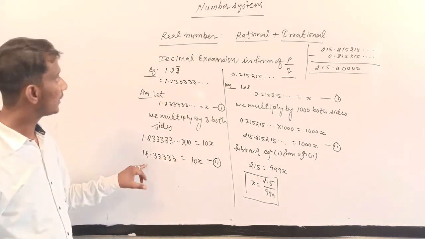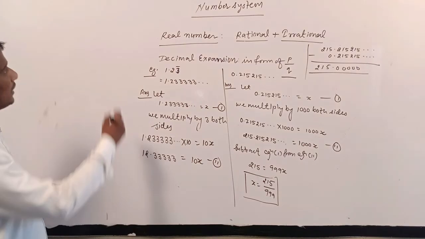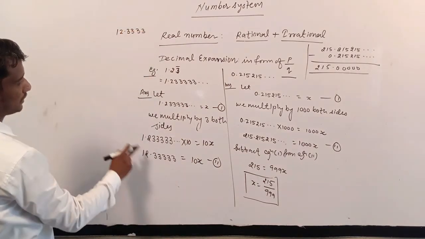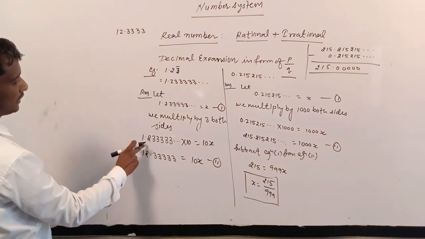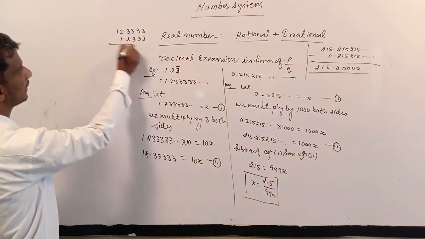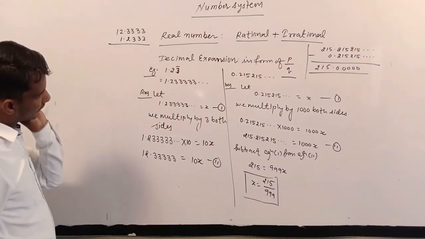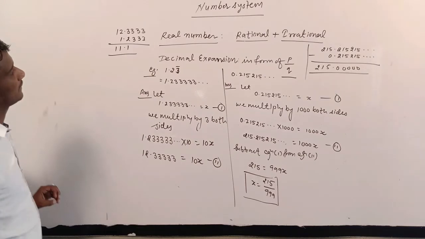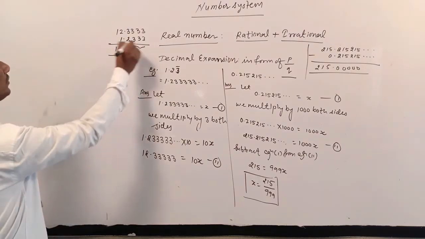So what do we get? Now I am telling you how to subtract. 12.3333 subtracted by, check the next number, 1.23333. Okay, so now subtract it. What do you get? 11.1000. Understand?